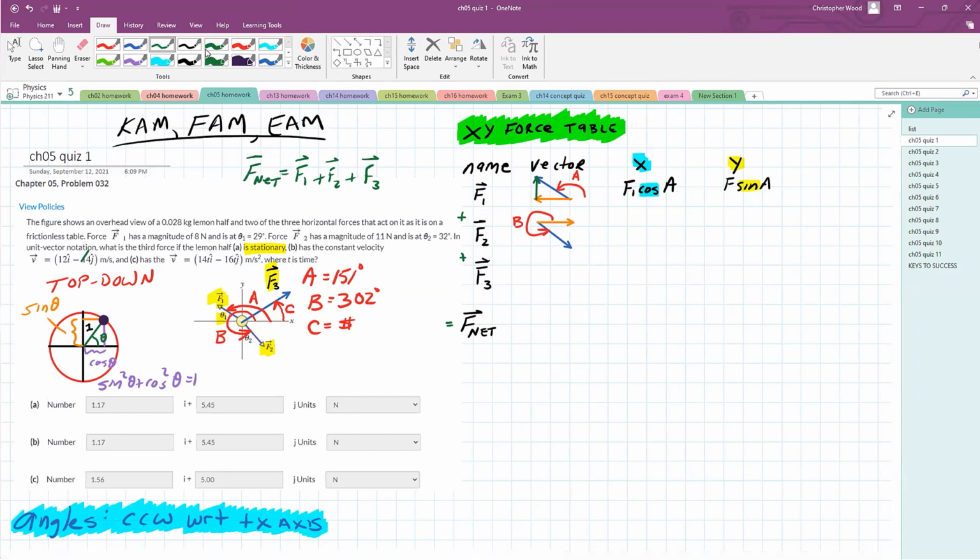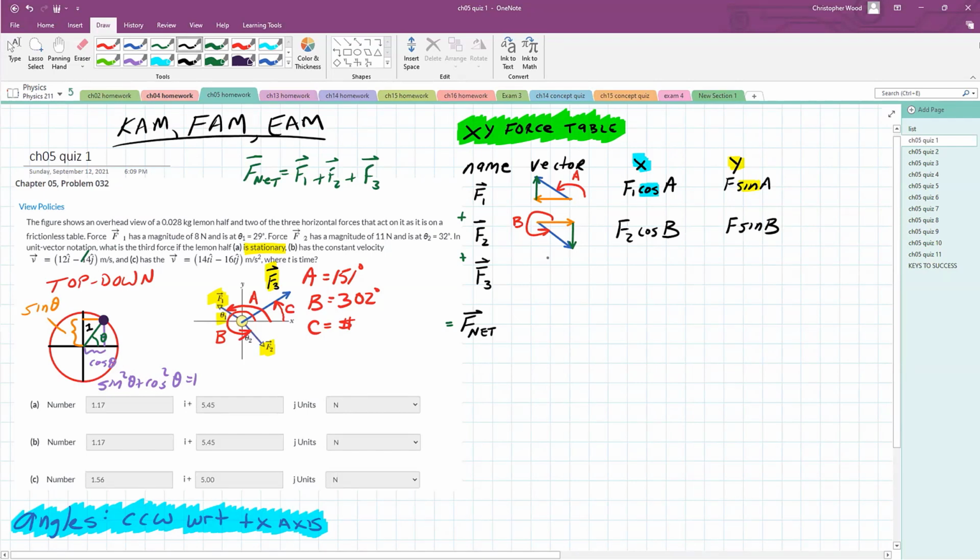And that's what I'm doing via this tabulated approach. Okay, so that's done. Ready? This will be F2 cosine B, which captures the X component, and F2 sine B captures the Y component. Done with that.